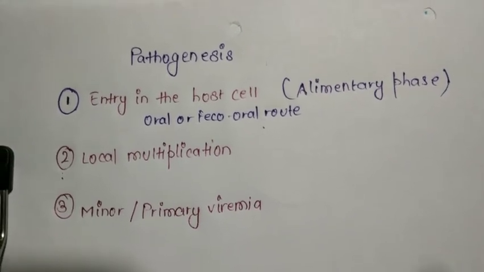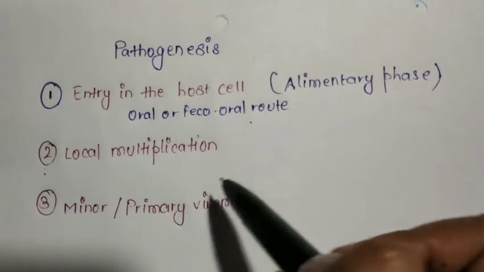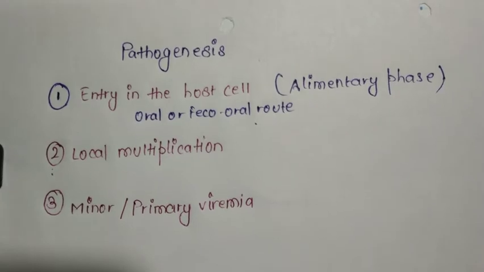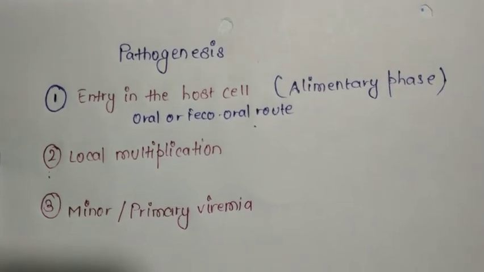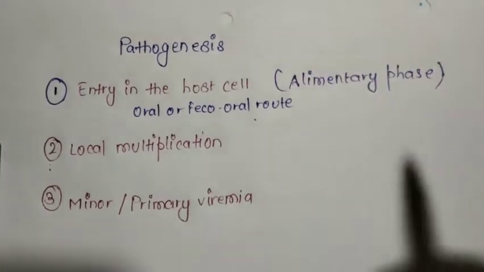So after getting into the host cell, there are a number of cells present in the host cell as receptor cells to bind with this polio virus.